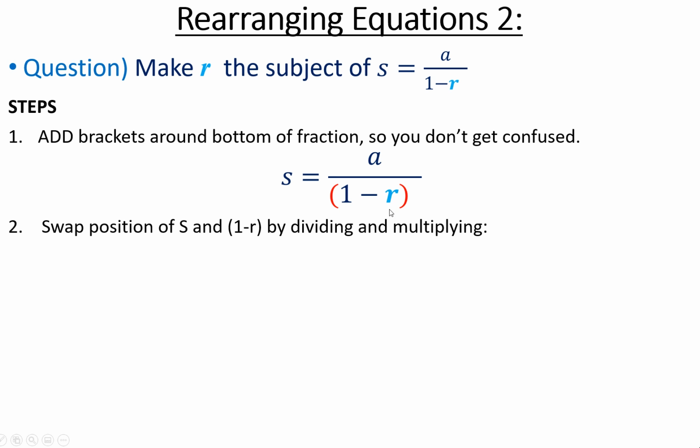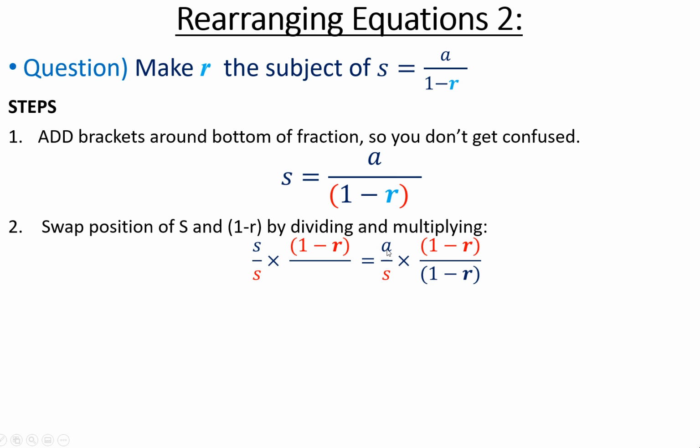So now, how do we get 1 minus R by itself? Well, we need to swap the position of 1 minus R and S. So how do we do that? Well, we need to multiply both sides by 1 minus R and divide both sides by S. S divided by S is equal to 1.